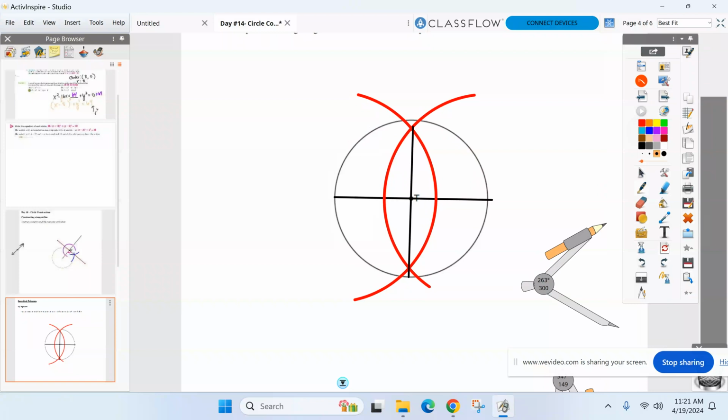Guarantee me those are 90 degrees. All right, we just did perpendicular bisector, right? So I understand where the right angle comes from, but guarantee me those arcs are 90 now.